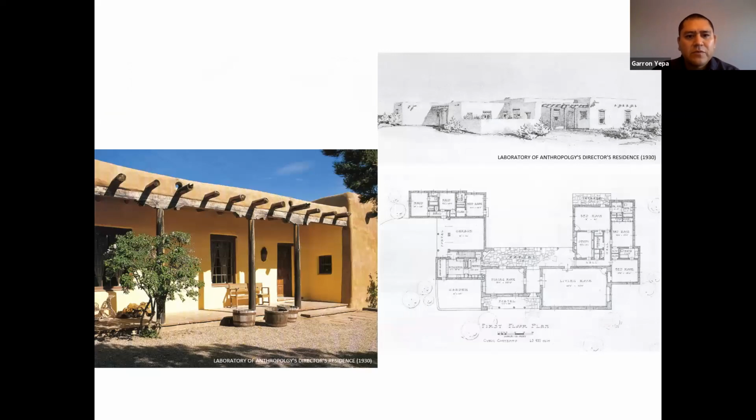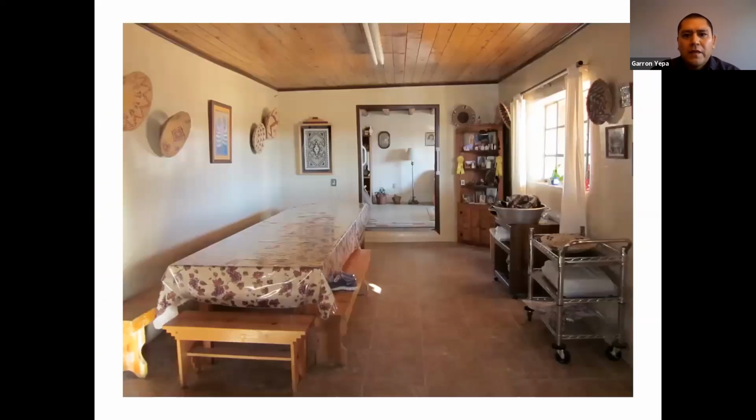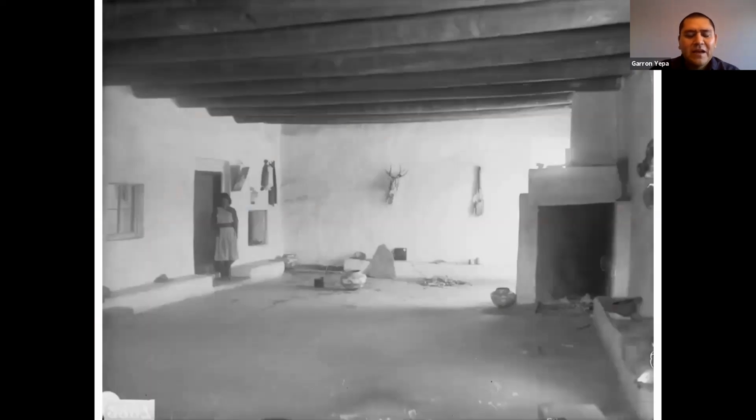So here are some examples. And then I also included an image of a contemporary Puebloan home with a large eating space. You can compare it to some more historical imagery.